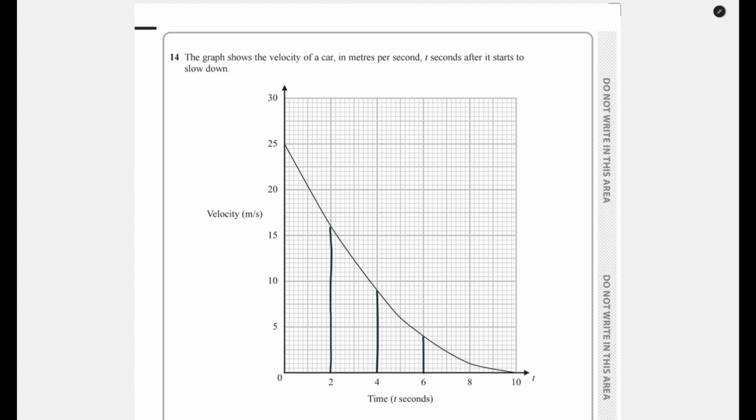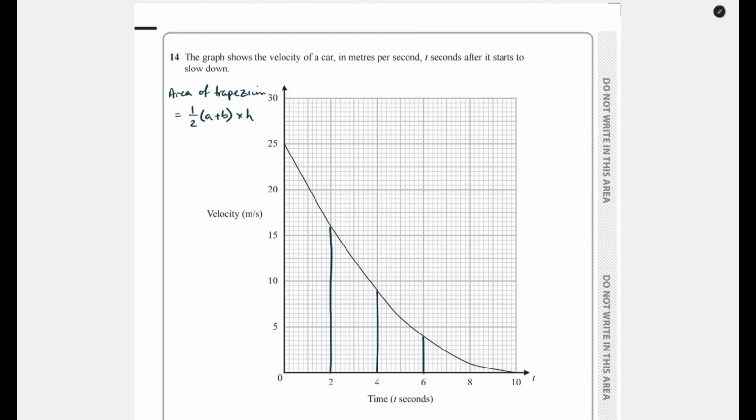It's fair to assume that these shapes are trapeziums, and so the formula for the area of a trapezium is just half (A plus B) multiplied by the height. The vertical lines are A and B, and the horizontal line is going to be H.